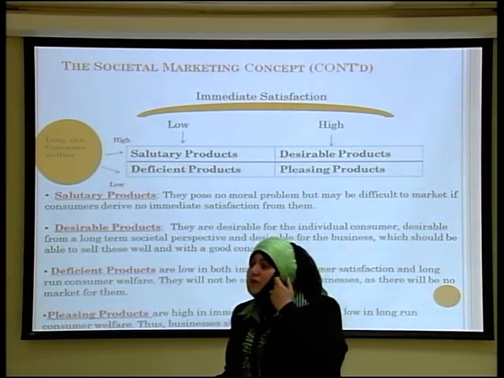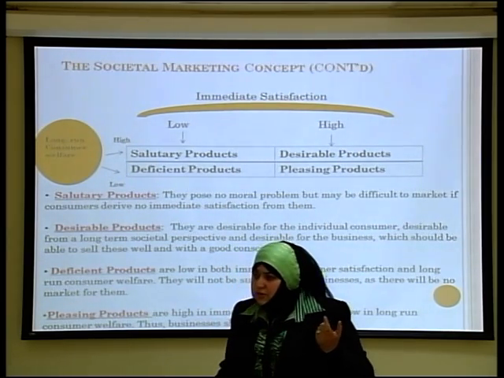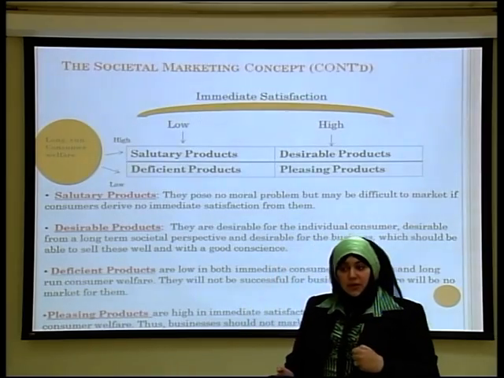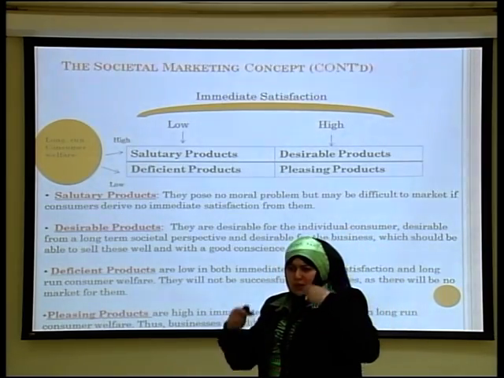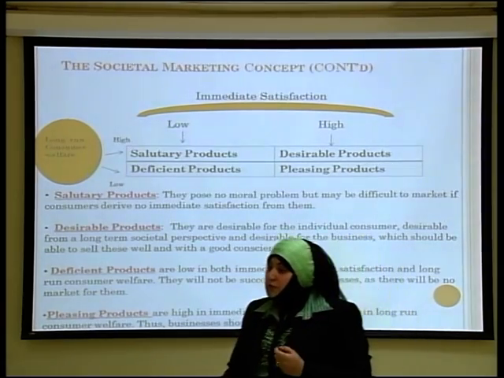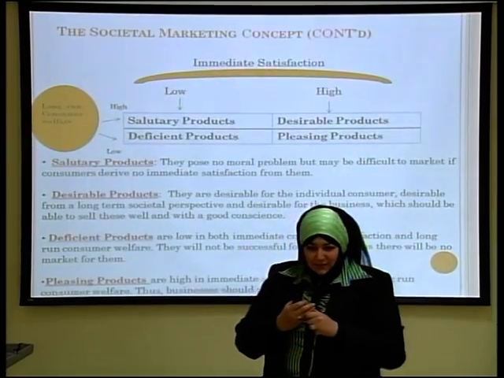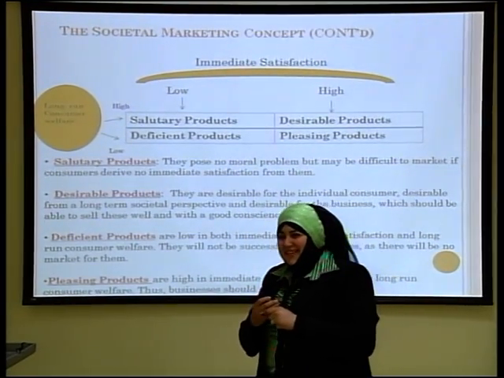Can you give me an example of this salutary product? Do you have an example? Something that does not provide consumers with immediate satisfaction, but in the long term will provide you with benefit? Think of something.